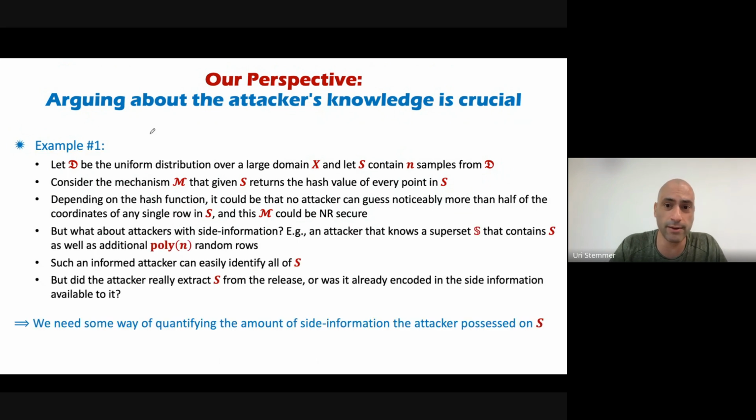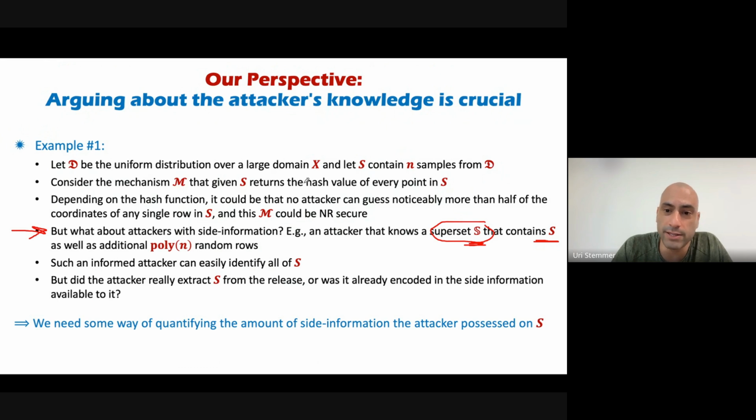Okay, so that's fine, but what about attackers with side information? For example, what if the attacker already knows a small superset, nice S, that contains all of the sample S, and then this attacker gets to see the release, all of the hash values of points from S. In that case, such an informed attacker could easily identify all of the points in S from the release and from its side information, right?